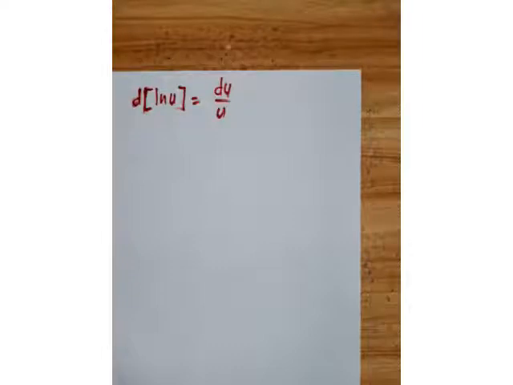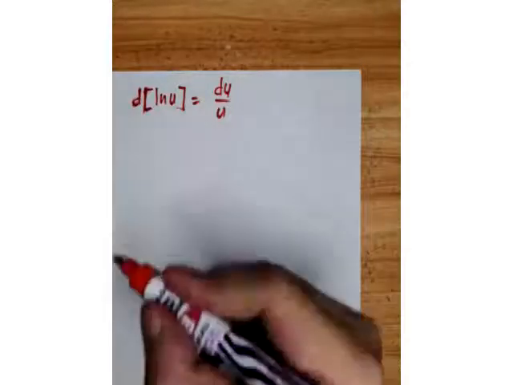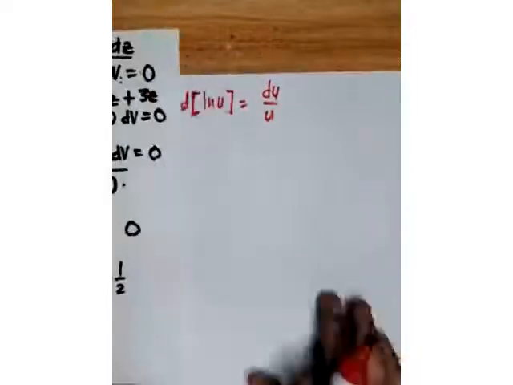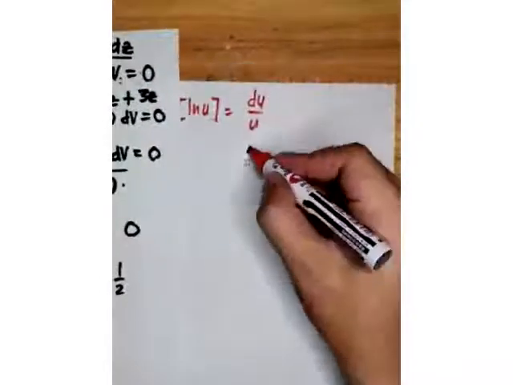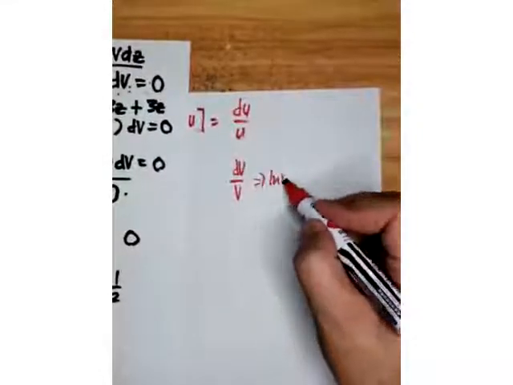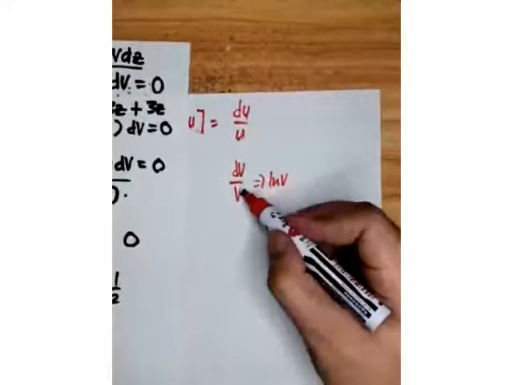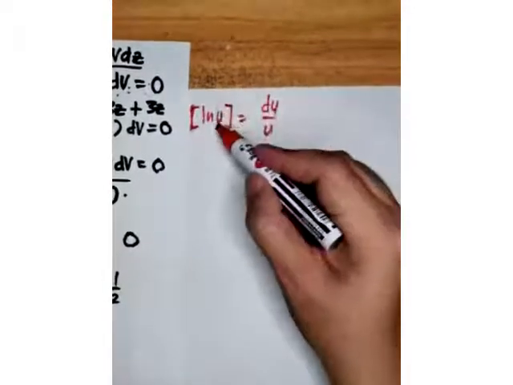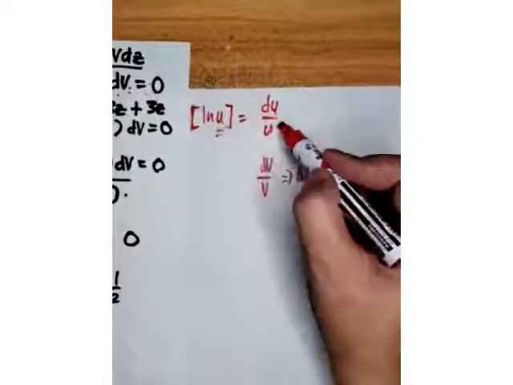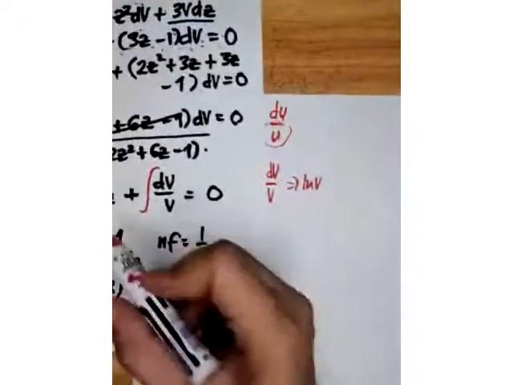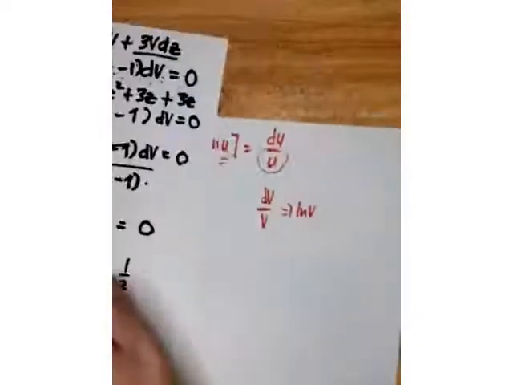Hindi. Sa ln kasi, di ba yun ang formula natin sa ln? Kaya nga yung dv over v natin, it's ln of v. Para i-derive mo yung ln, i-derive mo yung kung ano yung ln niya, tapos kokopyahin mo lang yung kung ano yung dinerive mo. Kaya yung denominator lagi yung u.